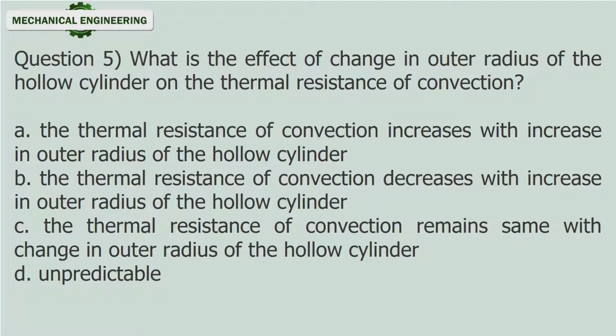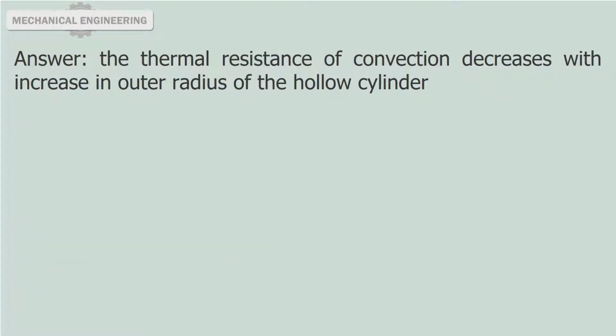C. The thermal resistance of convection remains same with change in outer radius of the hollow cylinder. D. Unpredictable. Answer: the thermal resistance of convection decreases with increase in outer radius of the hollow cylinder.